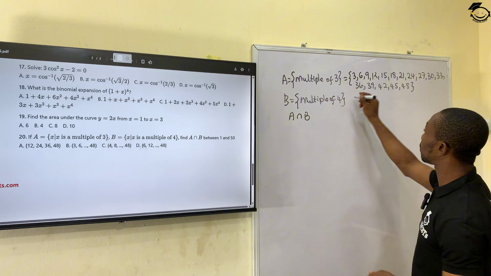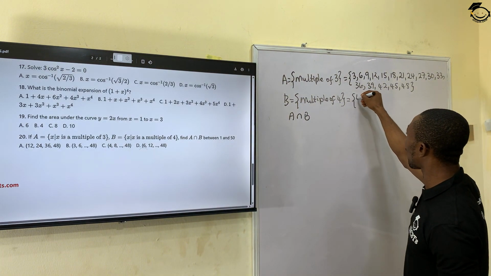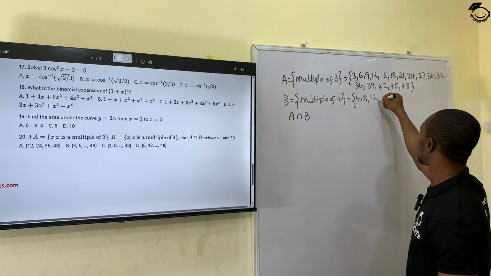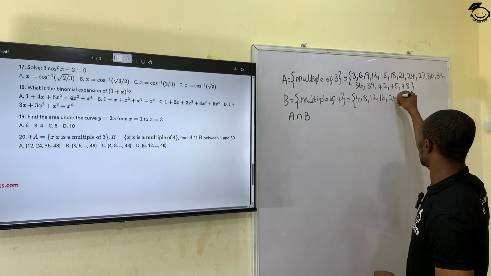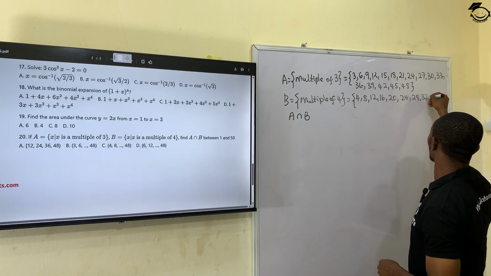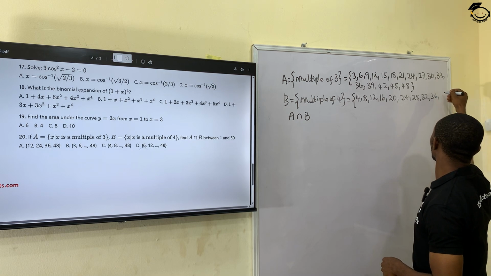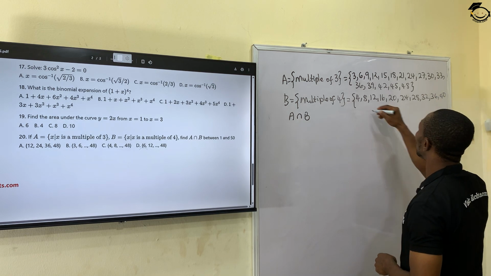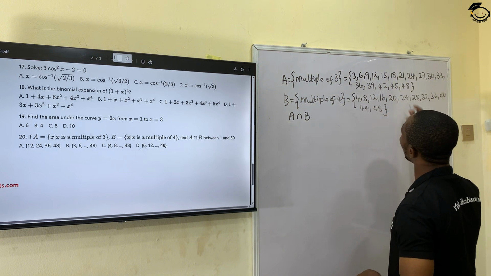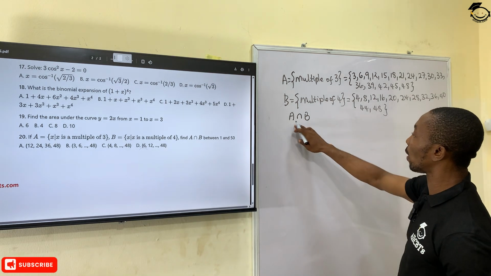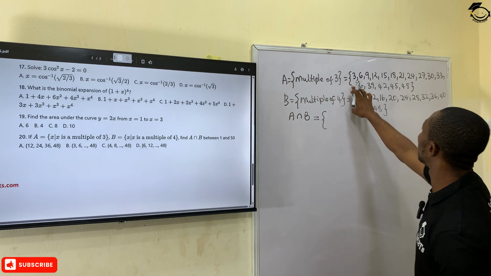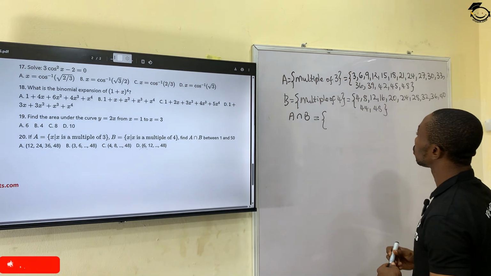And for multiples of 4, we have 4, 8, 12, 16, 20, 24, 28, 32, 36, 40, 44, 48, and that's all. Now, if you're looking for A intersection B, intersection simply means what's common in the two sets.